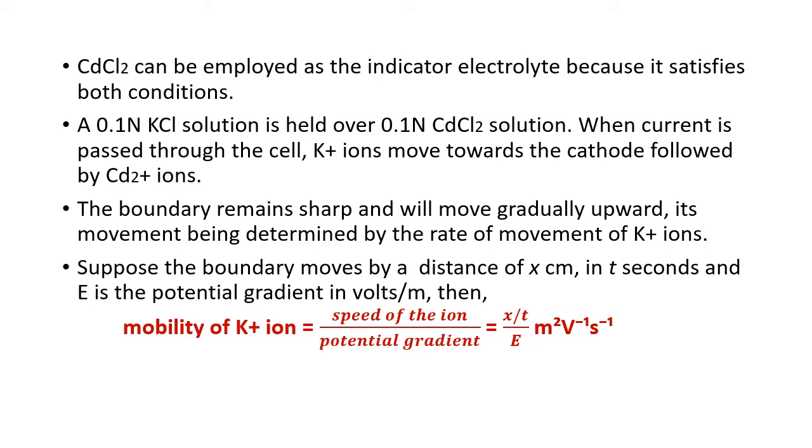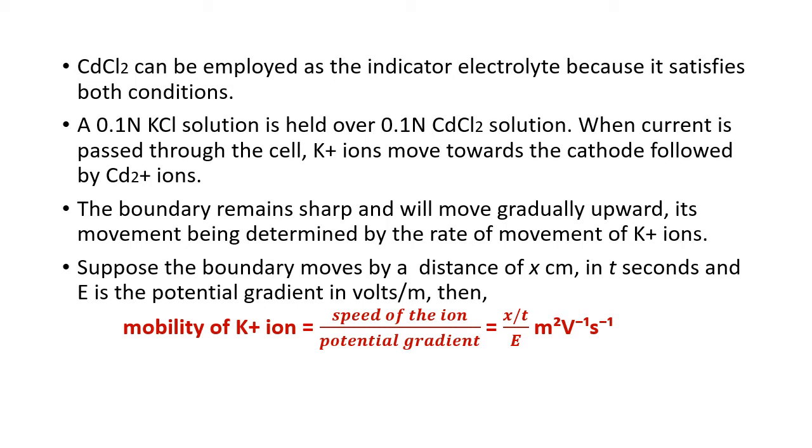So here, when the external source of EMF is applied, the boundary remains sharp and will move gradually upward, its movement being determined by the rate of movement of K+ ions, because K+ migrates at a much faster rate compared to Cd2+ ions.